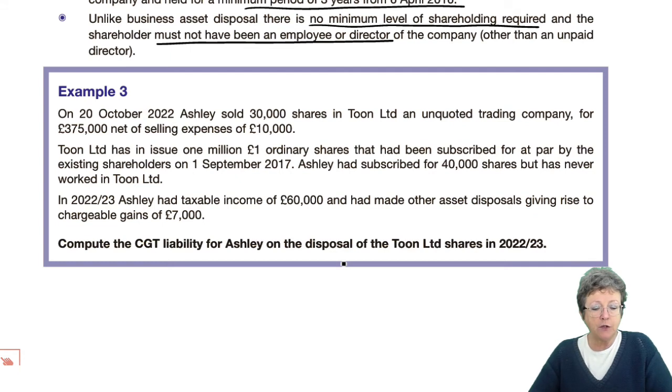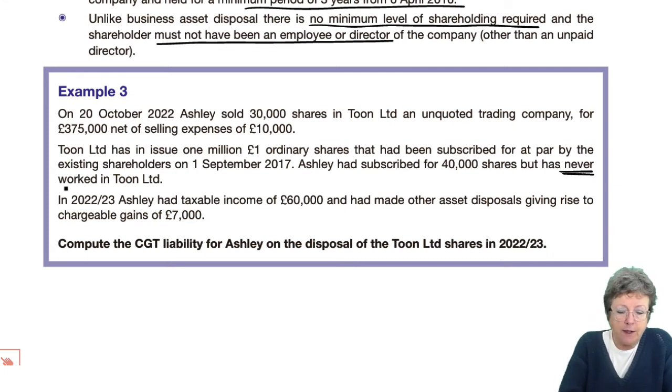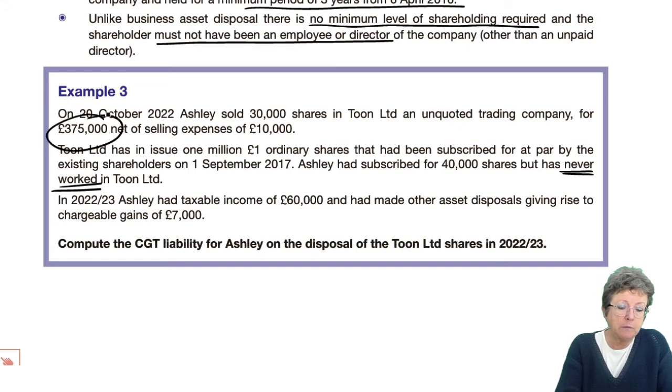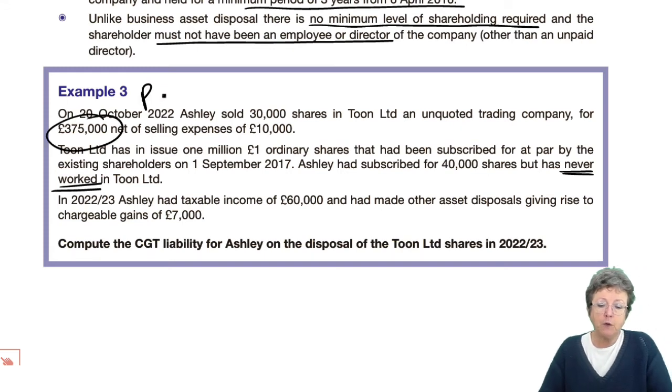Toon has an issue of 1 million ordinary shares, which have been subscribed for at par for £1 by the existing shareholders in September 2017, and Ashley had subscribed for 40,000 of those shares. Ashley never worked there. So this is our proceeds. We can then work out the cost.